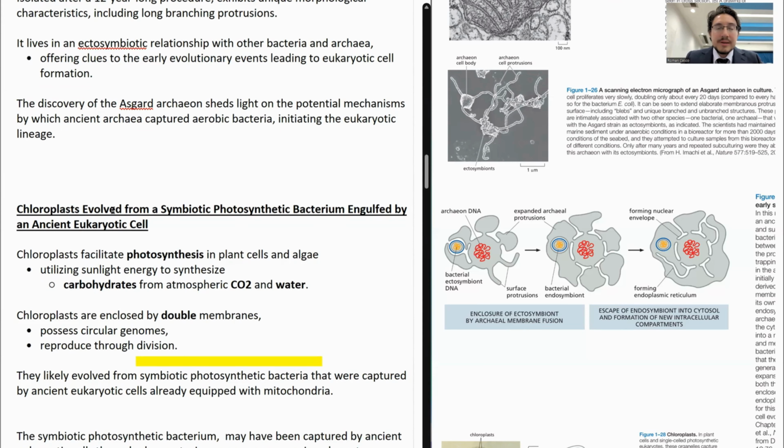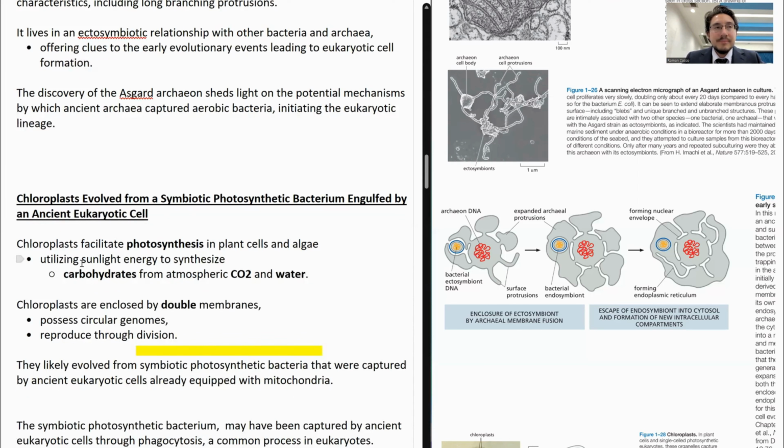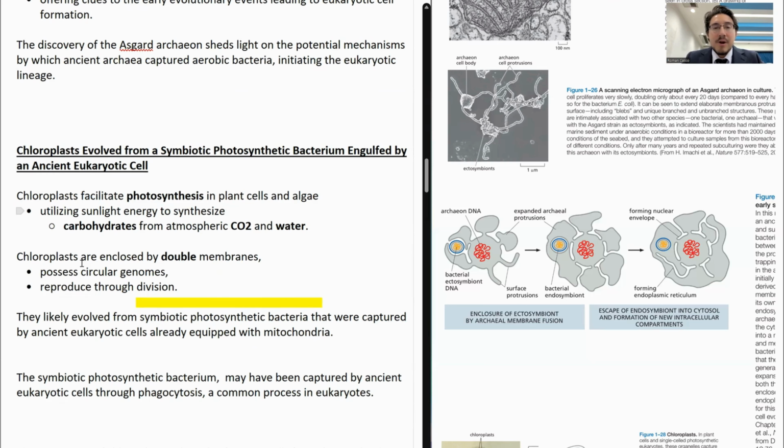This theory led to the idea of potential mechanisms on how this Asgard archaeon brought in these aerobic prokaryotic cells, starting the eukaryotic lineage.